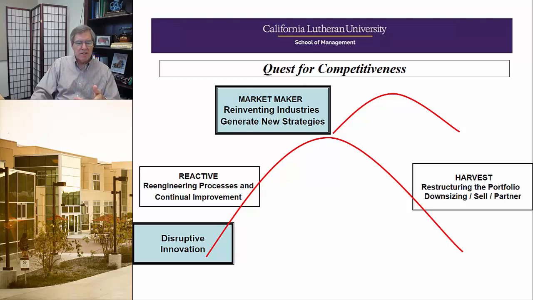In the white boxes, halfway up the curve on the left, you have a company which is reactive, re-engineering processes and continual improvement. And then finally, over the right-hand side, you have a company that's reaching the end of its life cycle. It's got to restructure its portfolio, downsize, sell, or partner to move on.